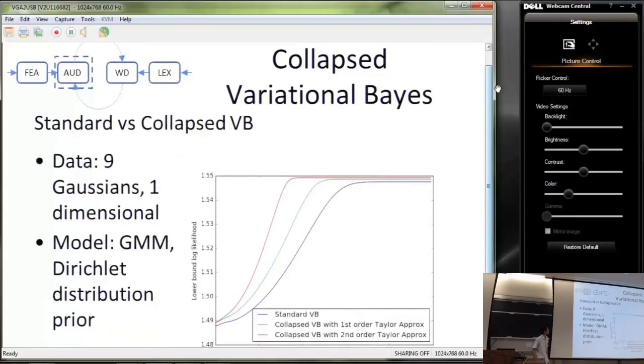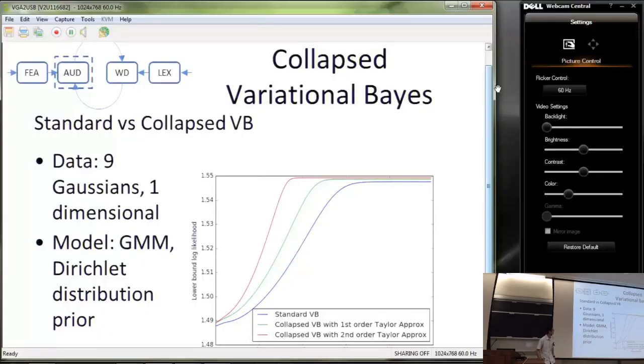And again, here's a demonstration of comparison between collapsed VB and standard VB. My data comes from 9 Gaussians and only 1-dimensional. I'm using the same model here. As we can see, the curve at the bottom is for the standard VB, and we have the two curves above for collapsed VB, where I used two slightly different approximations.